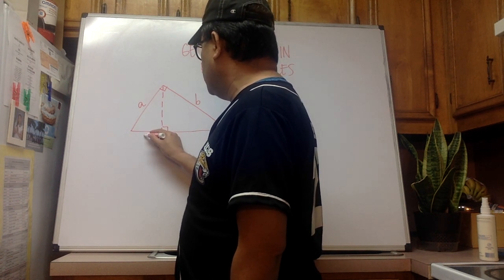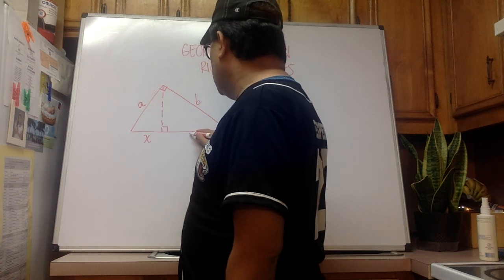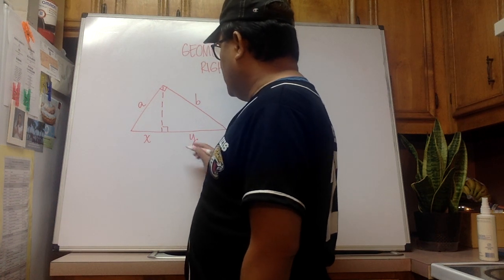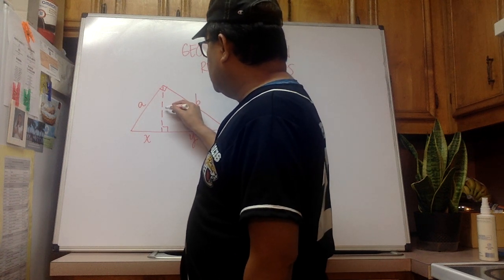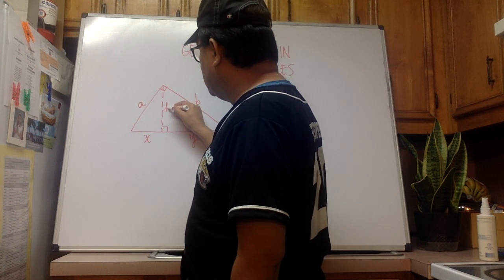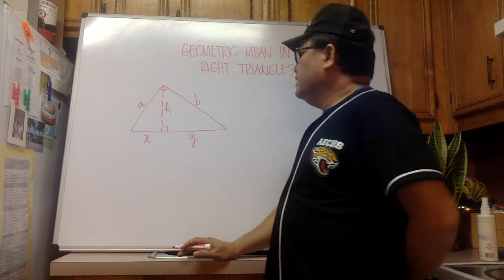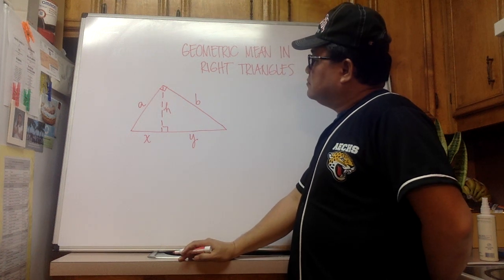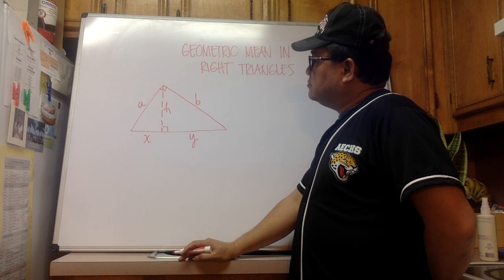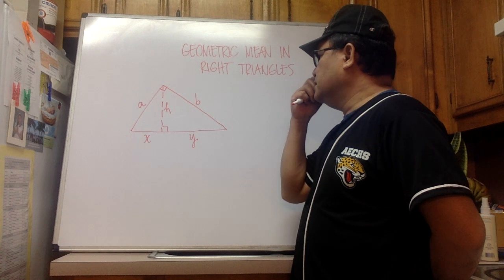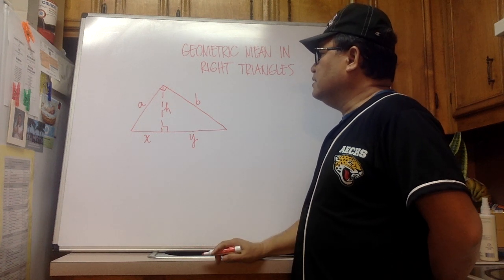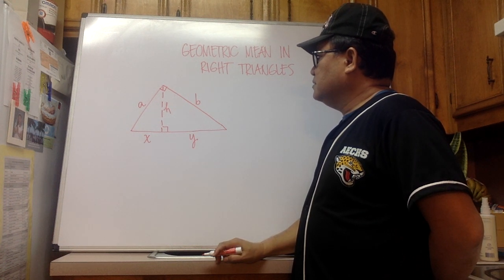I'm going to call this one X, and this one Y, and of course the whole thing is C, and this one is H. So I labeled all the side lengths that I can identify, including the altitude of the triangle.